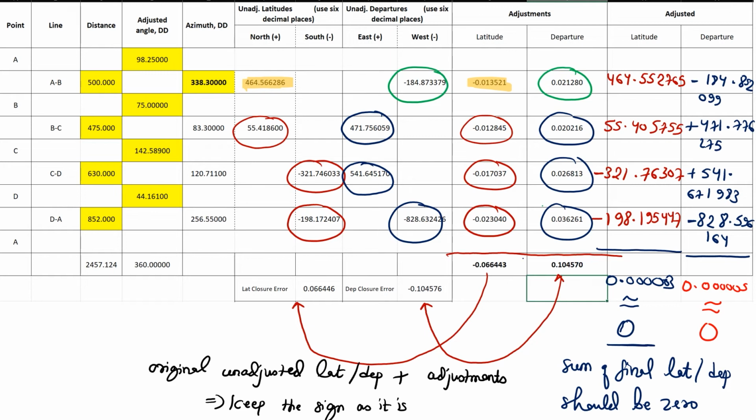That is why I tell you to take 6 decimals, because you can see that all my decimals till the fifth are 0, and this value is 0. So when you add all the final values of the latitude, your sum should be 0. When you add all the departures, your sum should be equal to 0. And when they are 0, then you can make sure that your calculations are correct.